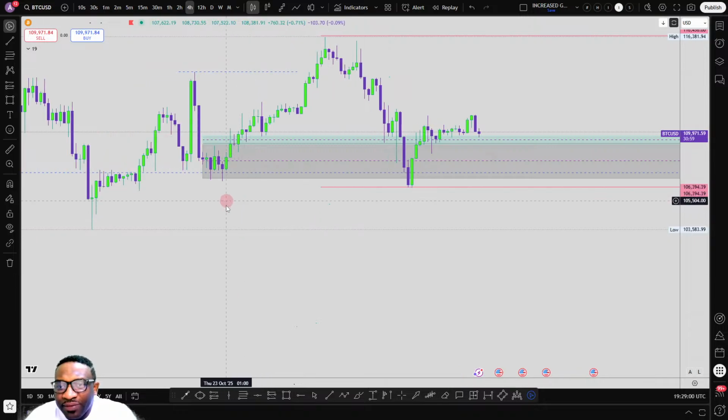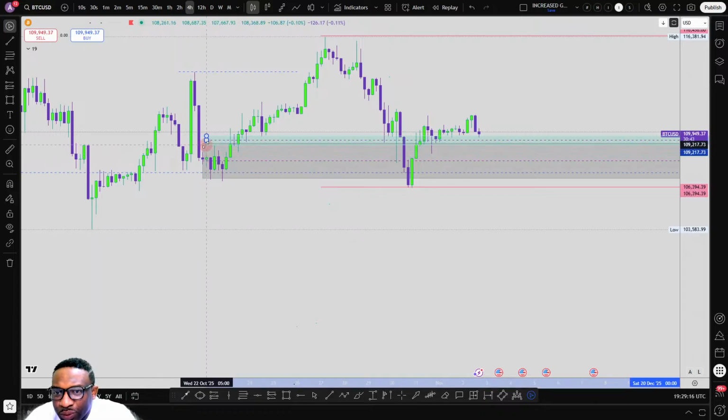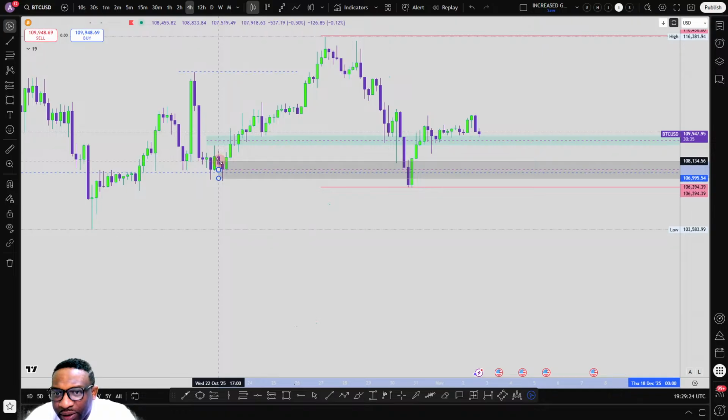On the 4-hour time frame, we can further refine this zone. We want to consider the last indecision candle before the up move. So now we can refine this area to this particular candle right here.